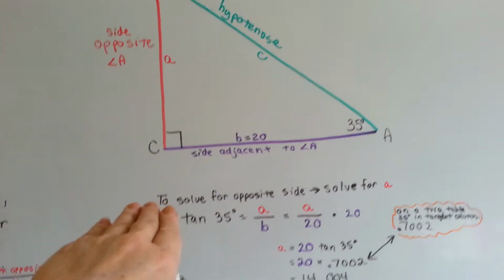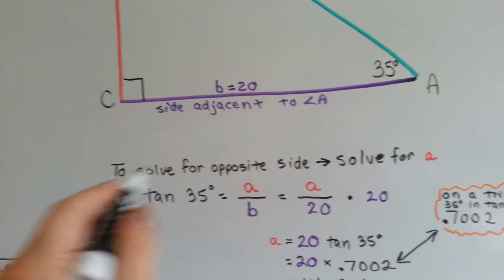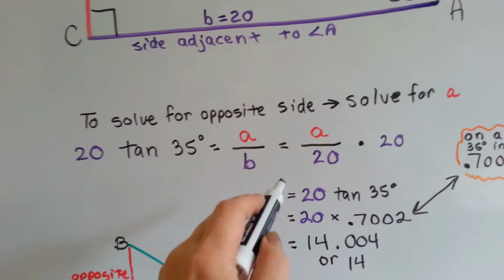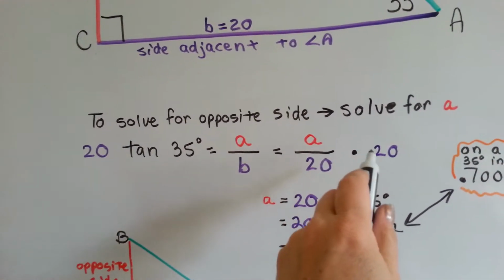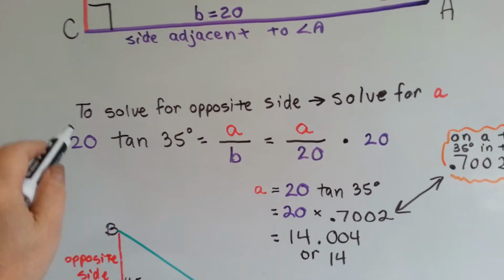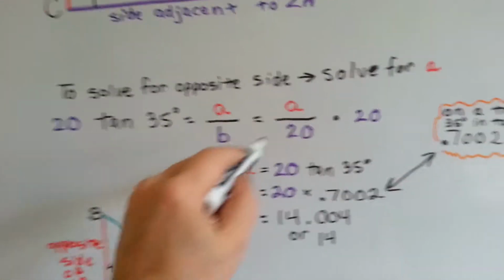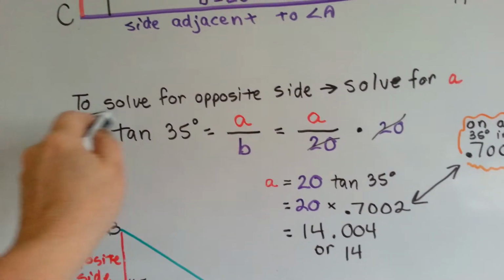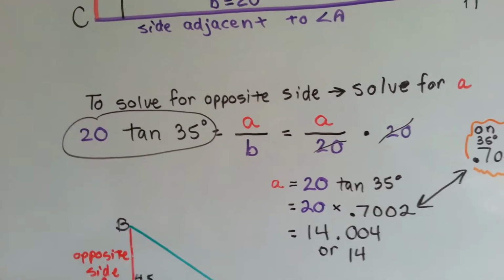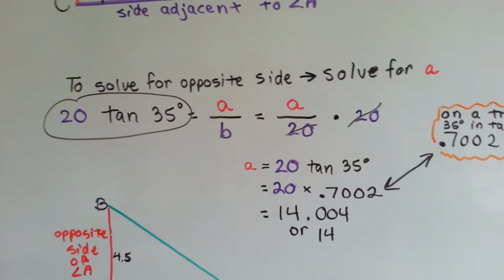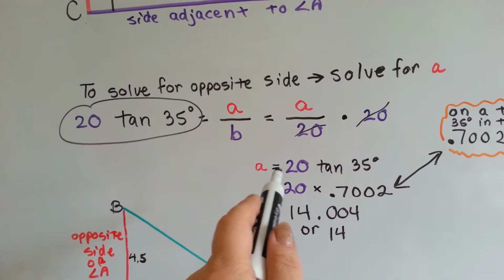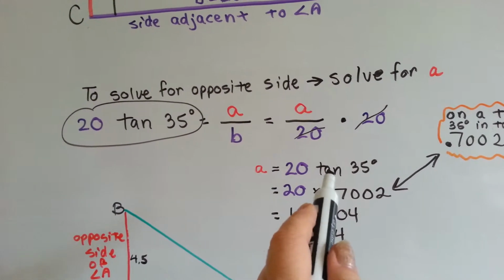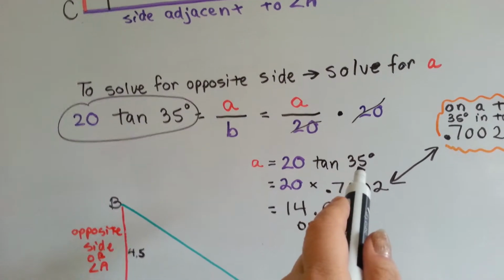Well, all we got to do is cancel out. If we multiply this side by 20, and we do the same for this side, then we can cancel these out, and that ends up becoming our answer. You can almost do that in your head, right? So A is now equal to 20 tangent 35 degrees.